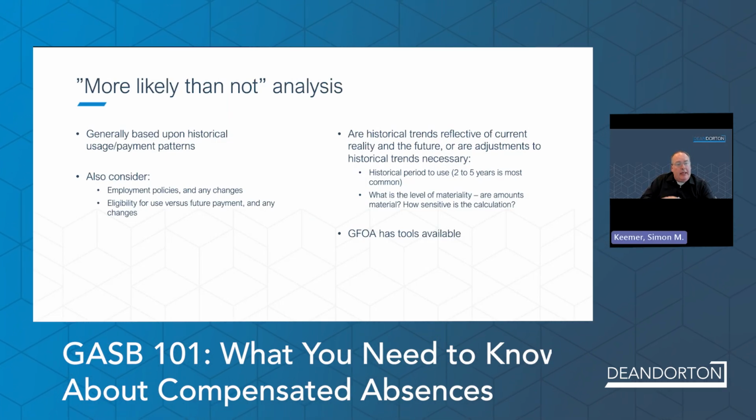So basically, we're going to calculate our historical usage and payment patterns, and then step back and say, okay, do I need to adjust these historical trends to reflect any changes that I currently have, i.e. my current reality, or any changes that I think could impact the future?